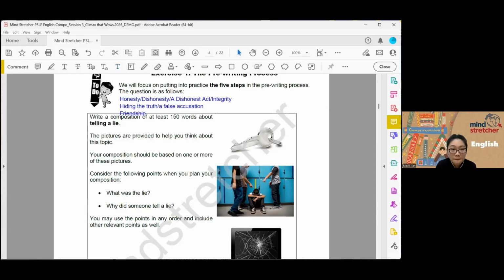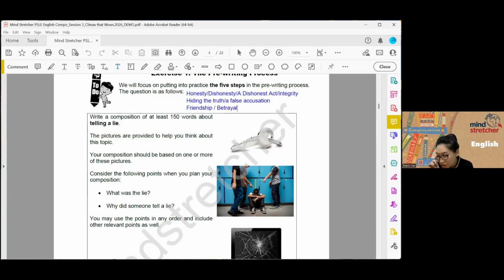In a topic like friendship, there could be lies and betrayal. Okay, some of you are very familiar with this story plot. A white lie, lying to an enemy, saying something untrue, revealing the truth.